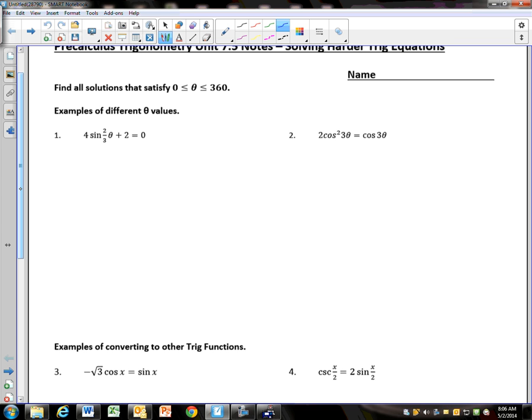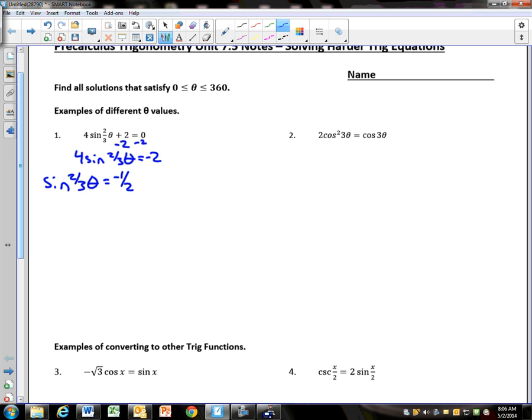We start solving this problem just the same as we did before by subtracting 2. So 4 sine of 2/3 theta is equal to -2. Divide by 4, so sine of 2/3 theta is equal to -1/2. Now, this is kind of the tricky part here, okay?